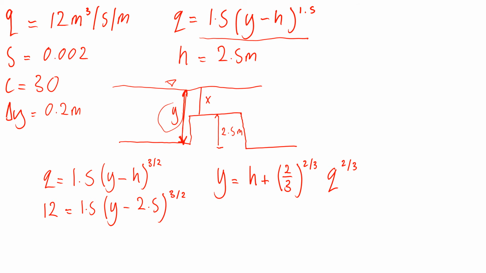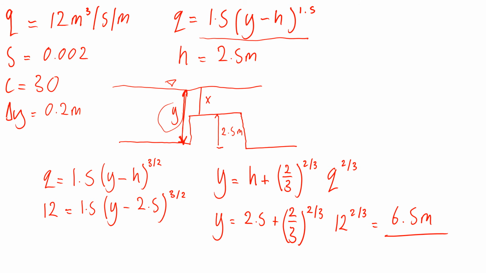Now you can put in the values. y equals 2.5 plus 2 over 3 times 12 to the 2 over 3, and that gives you 6.5 meters. So y is equal to 6.5 meters.